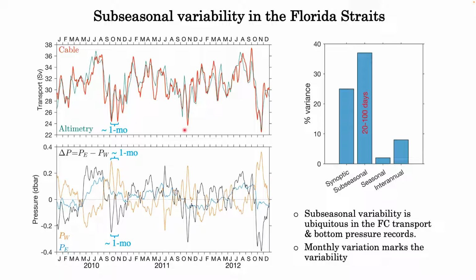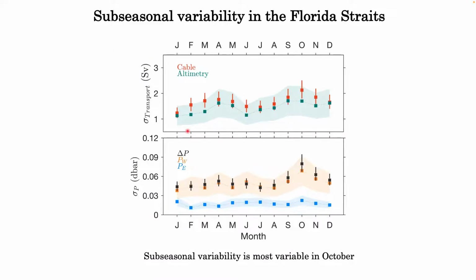You can easily identify monthly variations from the data, and on average, the subseasonal variability accounts for about 37% of the total variance, and the fraction of the variance it explains is apparently larger than that of the synoptic, seasonal, and interannual. I want to emphasize that these subseasonal variations are quite robust in our data sets.